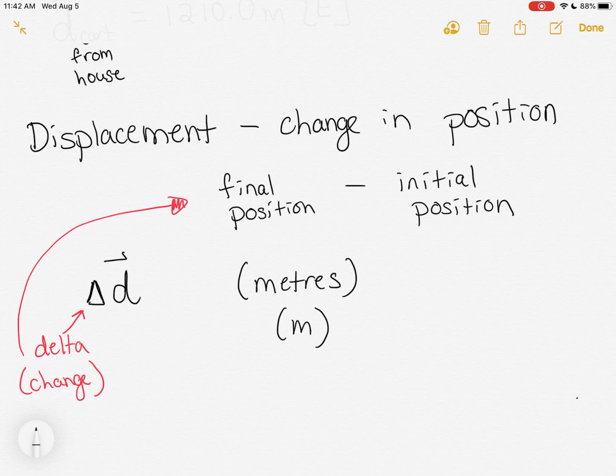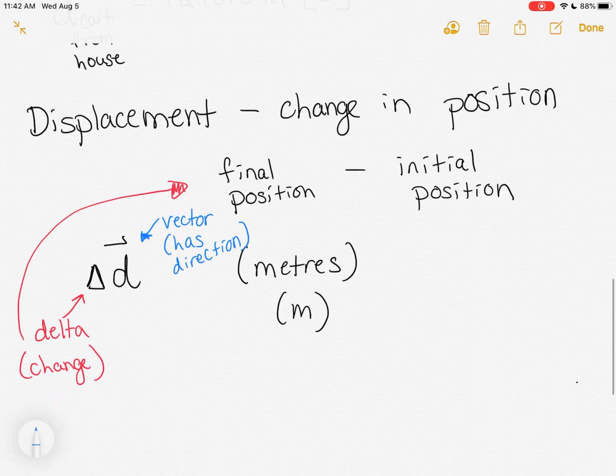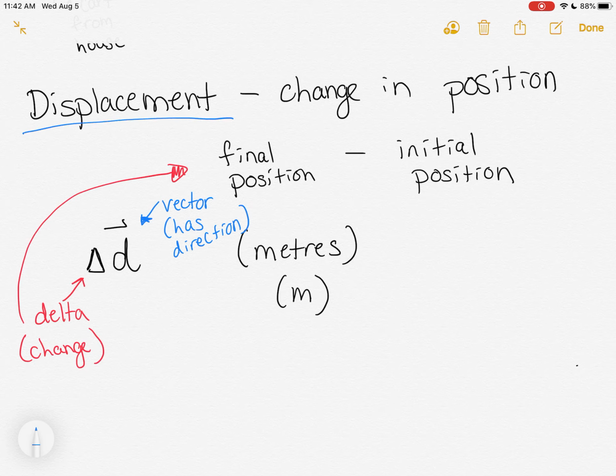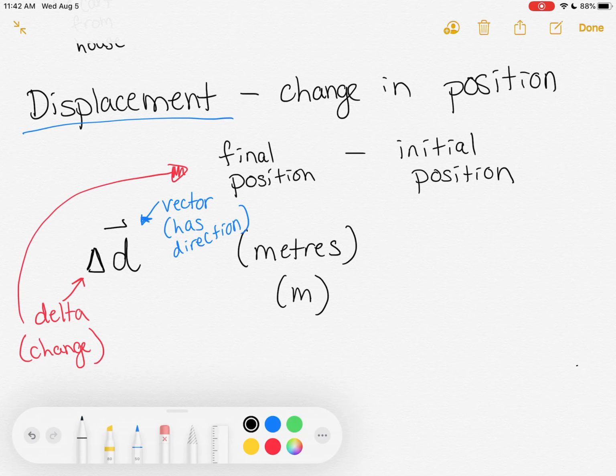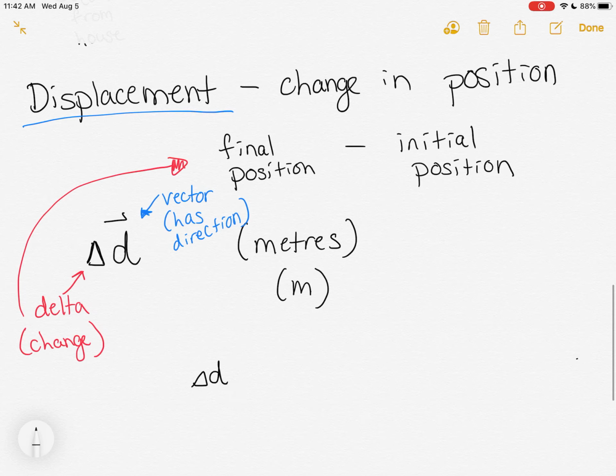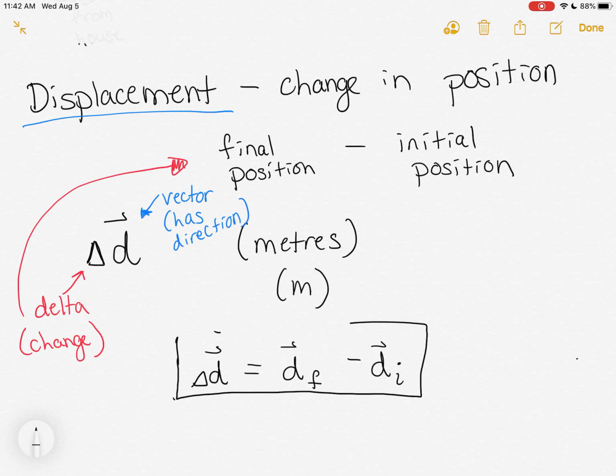But we have to remember as well that because it's got this little arrow here, it's a vector, which means it has direction. So when we are talking about displacement, we have to think about what the direction actually is. All right, so to actually calculate displacement, our displacement is going to be our final position minus our initial position. And so we're going to use this formula to actually calculate our displacement.